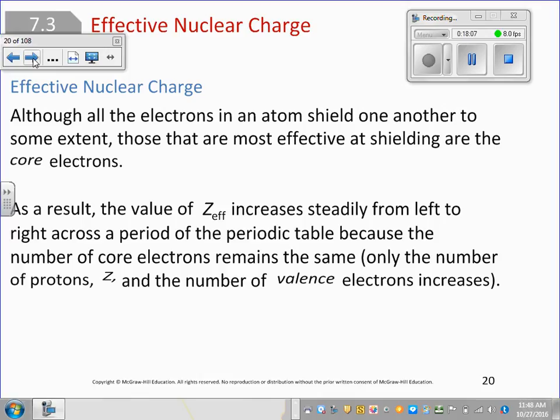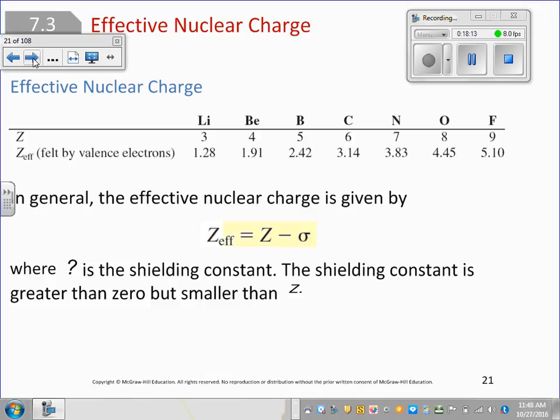So the effective nuclear charge, Z effective, gets bigger. So you see as we go from lithium to fluorine, Z for lithium should be 3, but it's 1.28. Should be 4, but you see the effective nuclear charge gets bigger as we go from left to right.